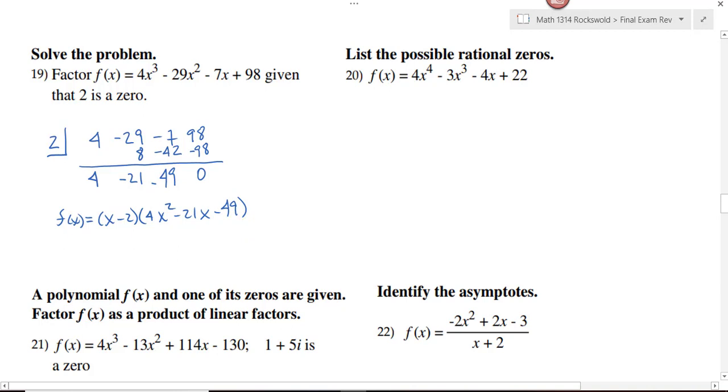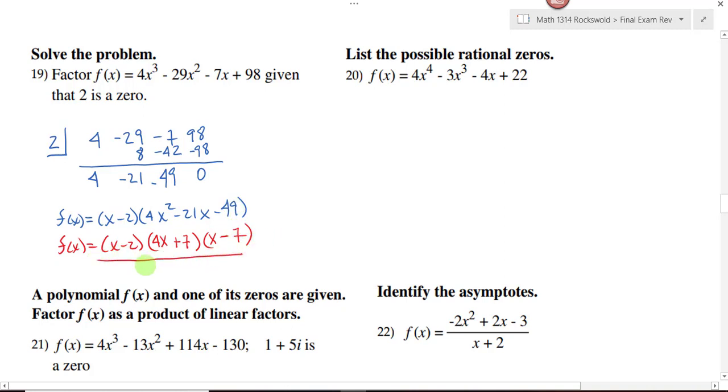Can I factor this further? Sure I can. It's a quadratic. It'll factor further. How do you factor the quadratic? Well, we look for factors of 4 times -49 that will add to give us -21. So let's try 4x and x, 7 and 7, because 7 times 4 is 28, and I could make that negative. -28 plus 7 gives me a -21 in the middle, and 7 times -7 is -49.